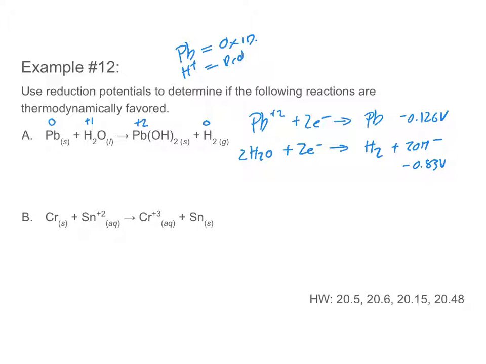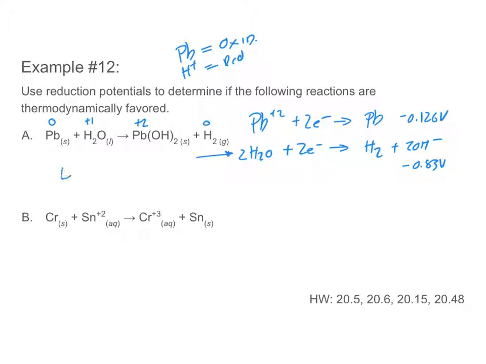The reason I wrote this reaction with the two waters, even though it's not in this balanced chemical equation, is that we did have to balance this particular half reaction as it is. And again, I just pulled it directly out of the textbook or the appendix. So I just went with what was given to me.